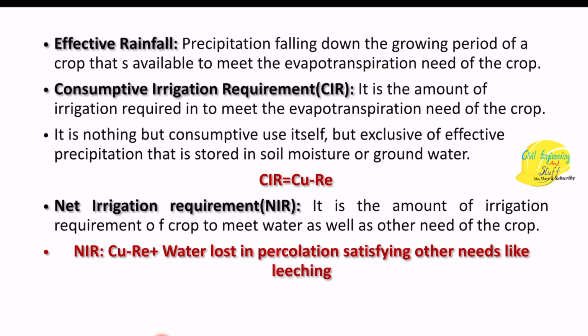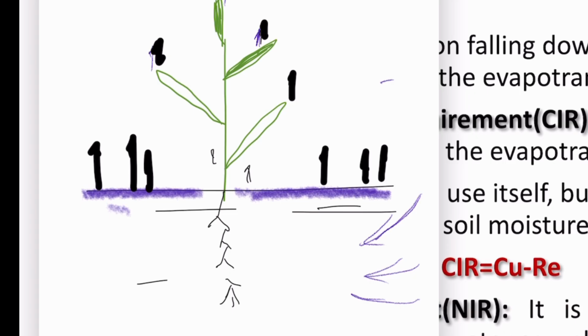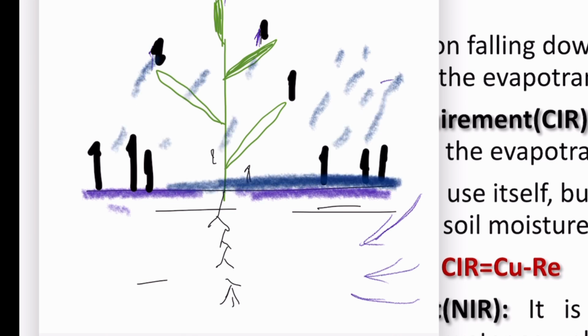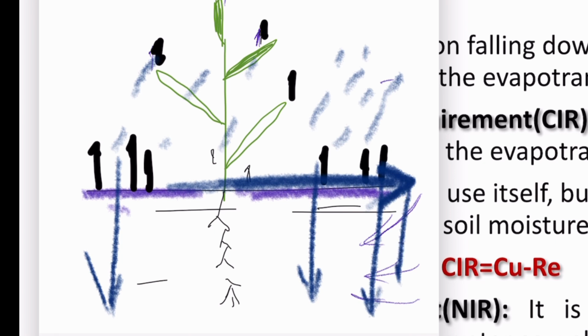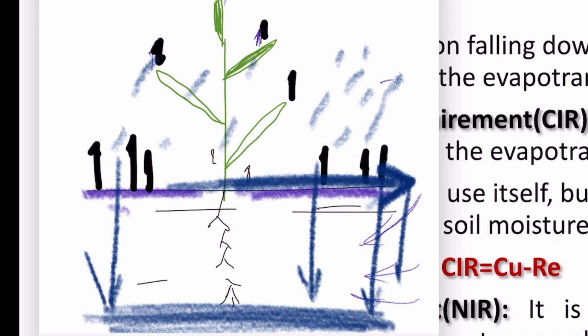That quantity of rainfall that fulfills the evapotranspiration need is what we call the effective rainfall, because we know that as and when rainfall happens, part of the water is lost to surface runoff. Part of the water may percolate and meet the natural groundwater source.